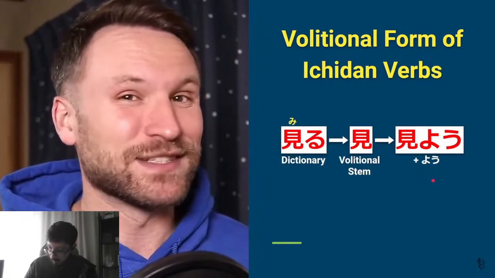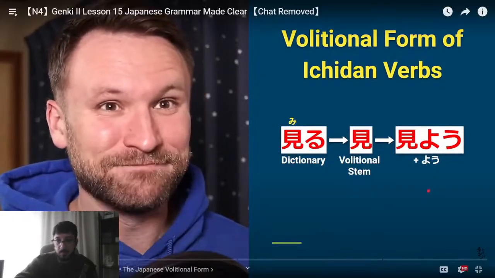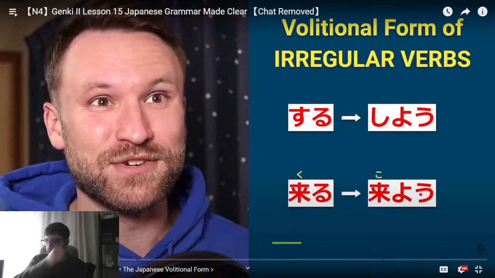Miyo means let's look. That's it. Miru, you remove the ru, becomes mi, and becomes miyo. Volitional dictionary, volitional stem, and that's the volitional form.